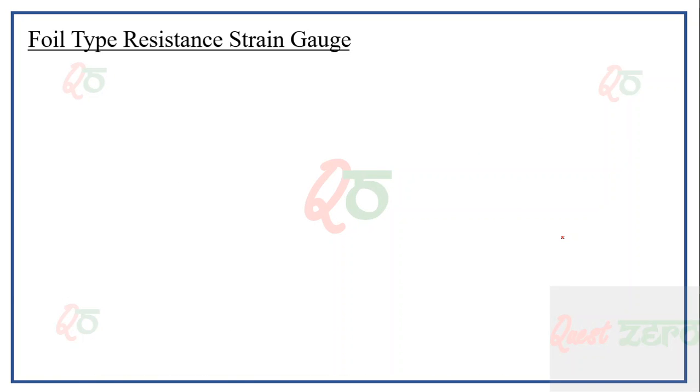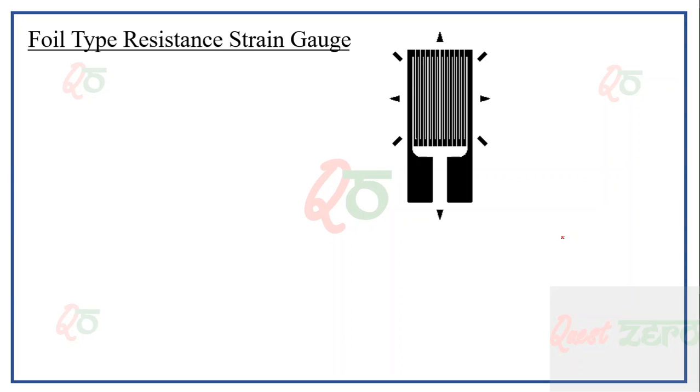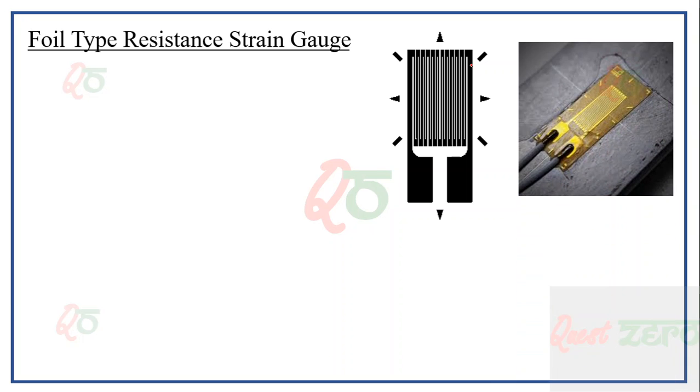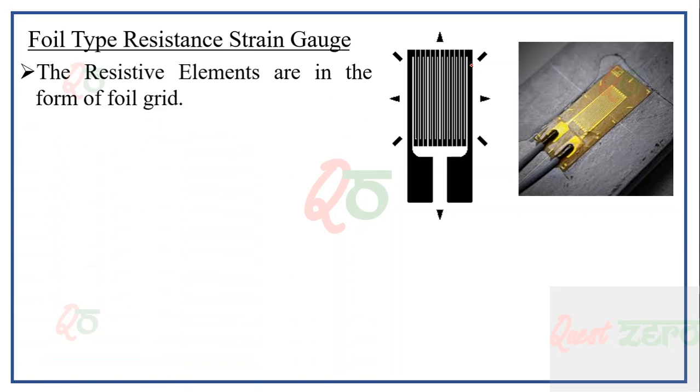The type of resistance strain gauge that is widely used at present is the foil type. This is very similar to the bonded type of wire strain gauge, but the only difference is that you have a larger number of grids, and the loop which connects the different grids is quite wide. This is a photograph showing the foil type of strain gauge which is employed for measuring deformation.